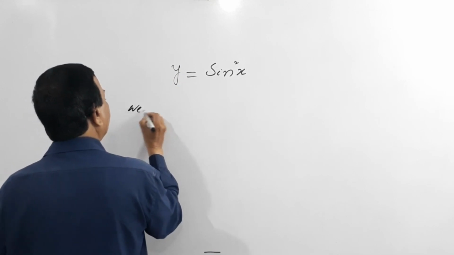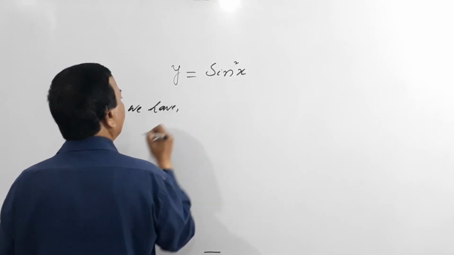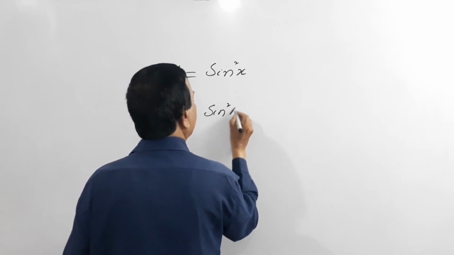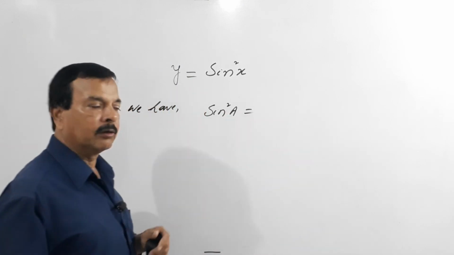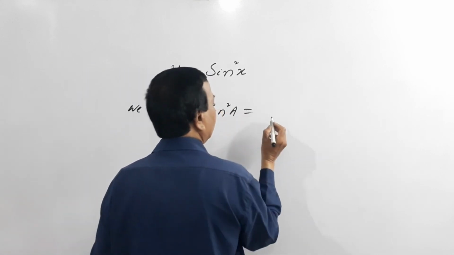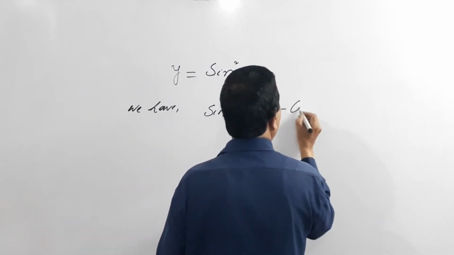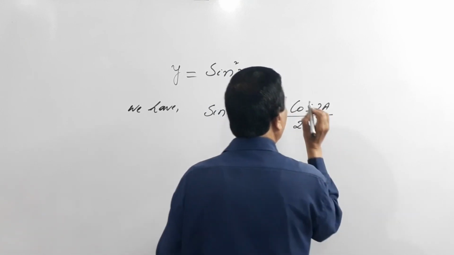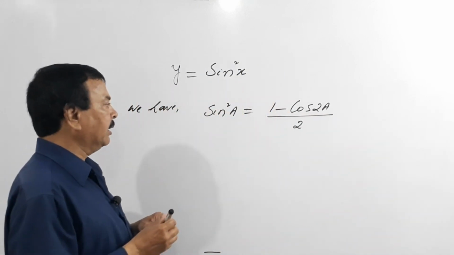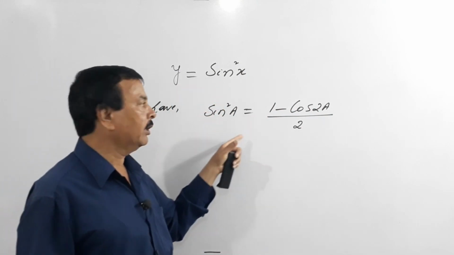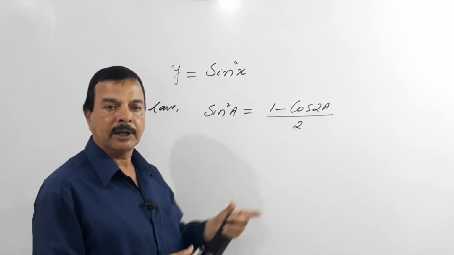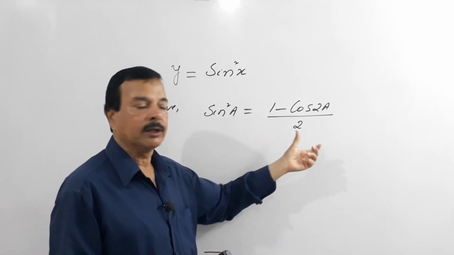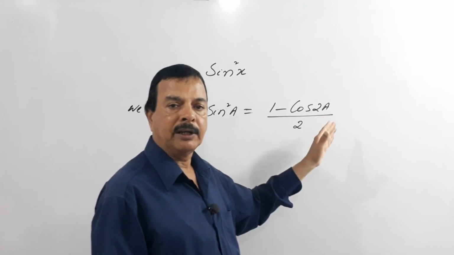We have sin square a equals 1 minus cos 2a by 2. What has happened here? Sin square has been converted into a difference rule using the formula sin square a equals 1 minus cos 2a by 2. Now it is possible to find the nth derivative.